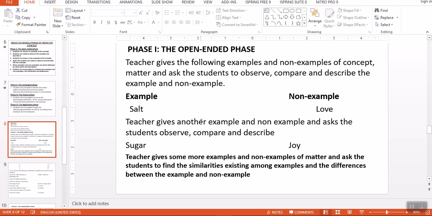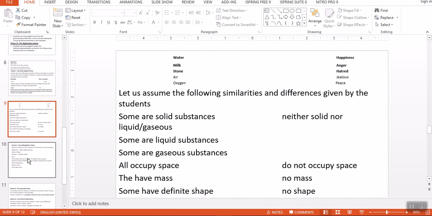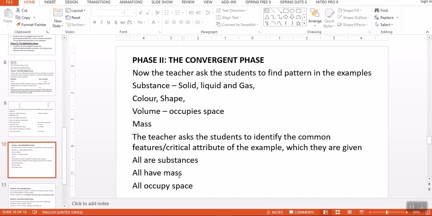If you look at these two examples, I think they will be able to list more. This is how the students share ideas, and now they write the critical characteristics of the examples and non-examples. Then finally, looking at that, they are able to define it.